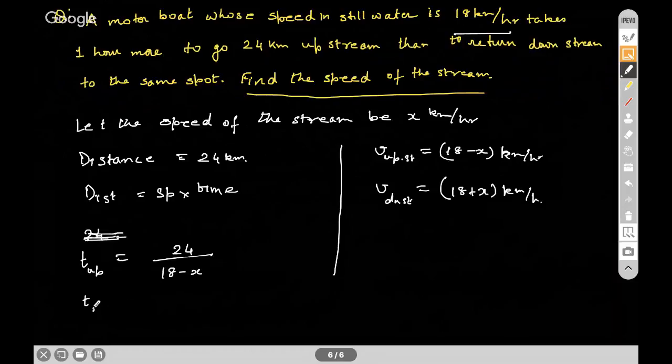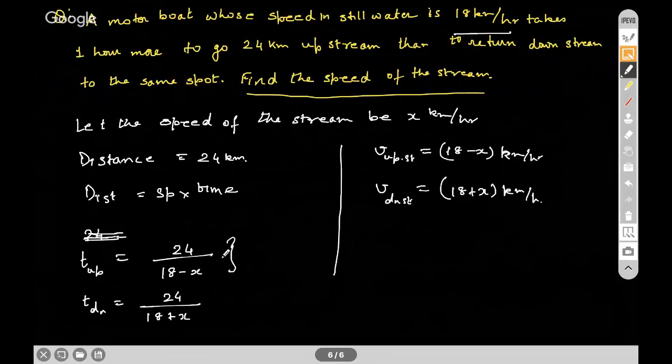Time downstream is equal to 24 upon 18 plus x. Now if you see, in both t up and t down, the numerator 24 remains the same, the denominator is more in the second case, so hence t down is less, which is quite obvious. Time taken going downstream will be lesser.